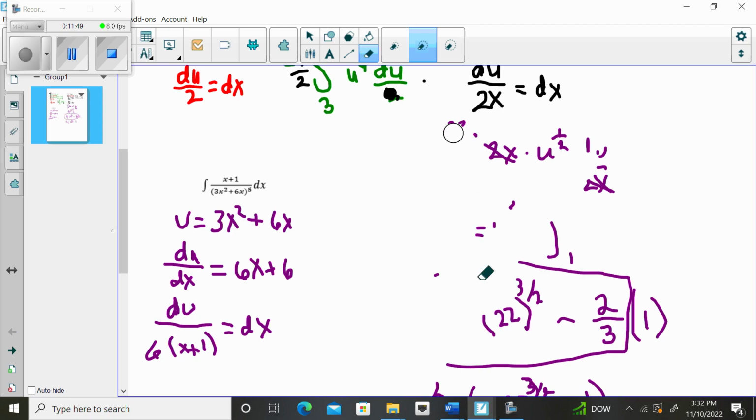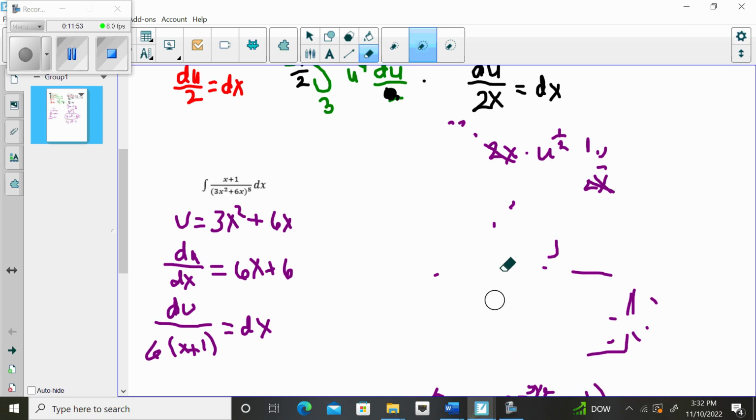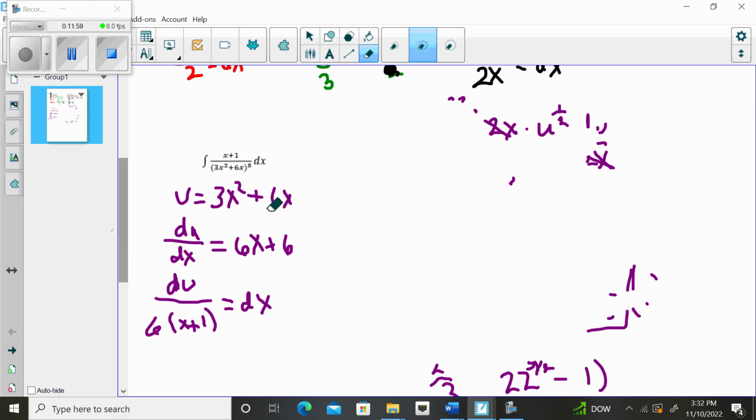All right, let me give myself a little more room over here. And so as I'm doing this, the du gets replaced with, so I have this x plus 1. And again, I'm assuming that some of you are recognizing that that 1 over 6 goes right out in front.